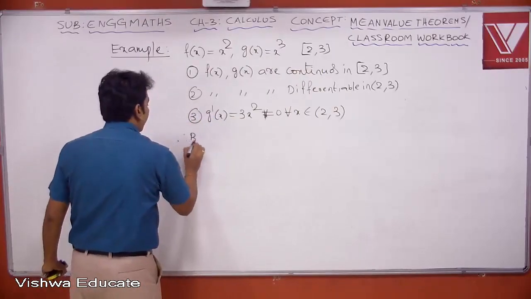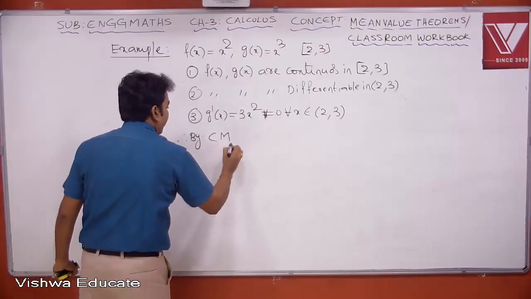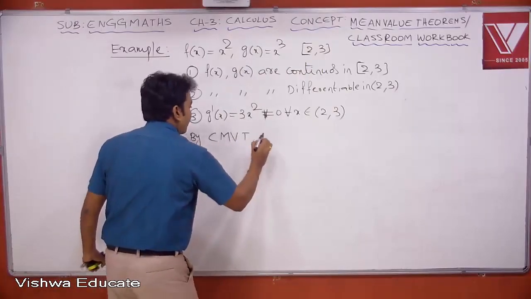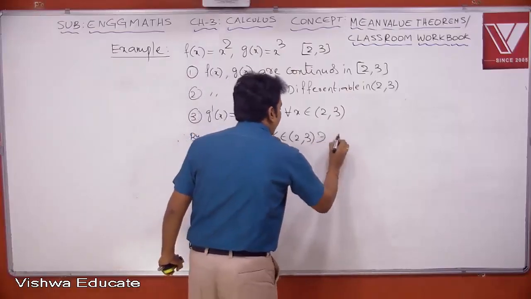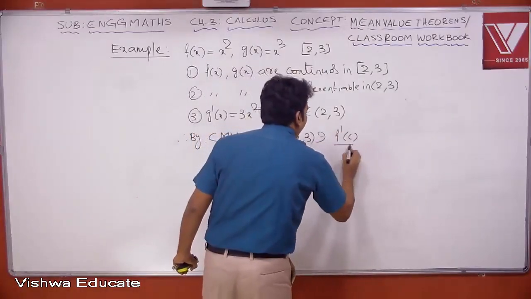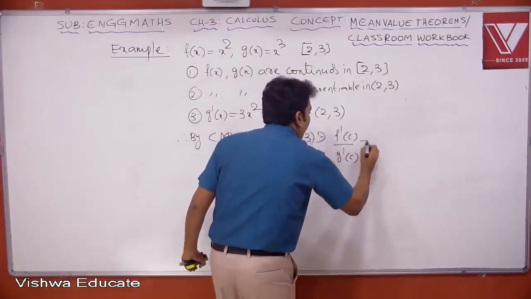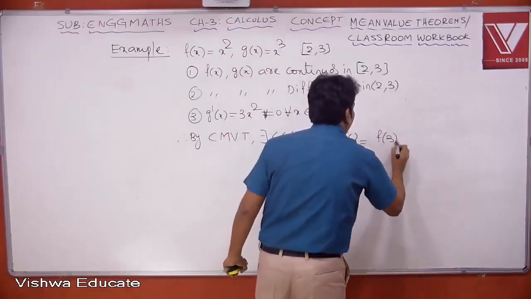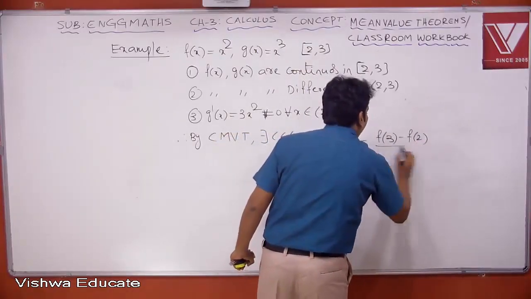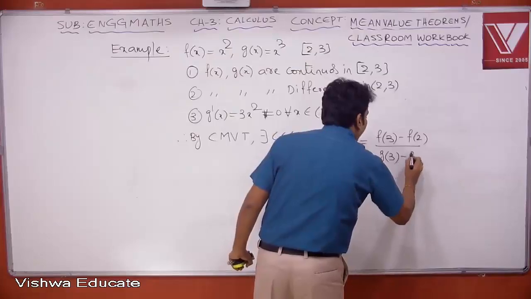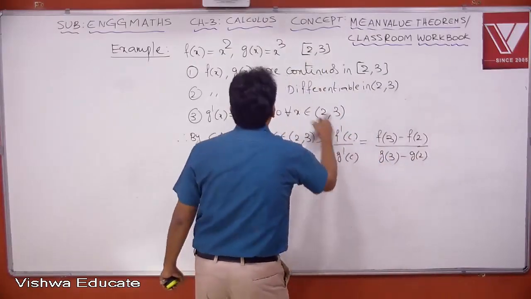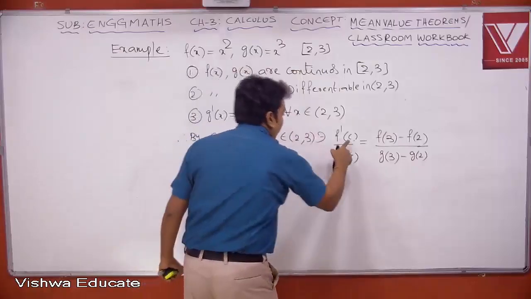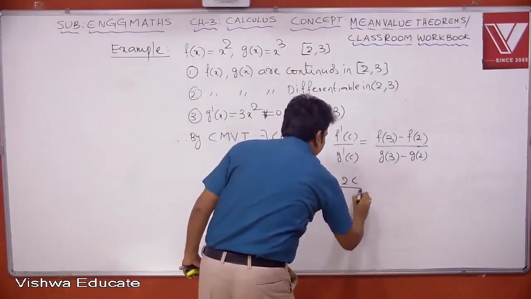Therefore, by Cauchy's mean value theorem, there exists C belonging to open interval 2 comma 3 such that f dash of C by g dash of C equals f of 3 minus f of 2 divided by g of 3 minus g of 2. F dash of C, the derivative of x square, is 2c.